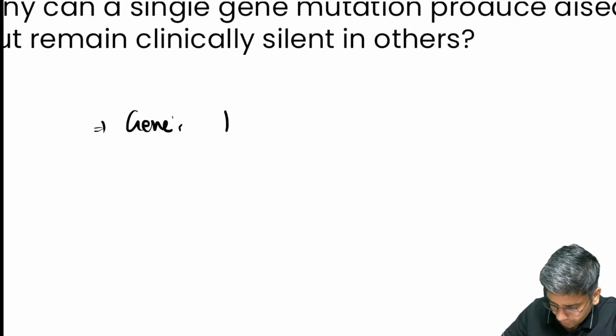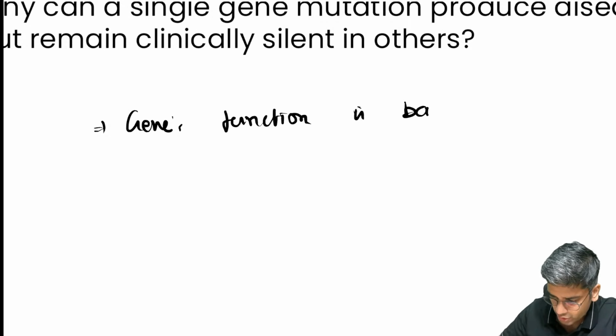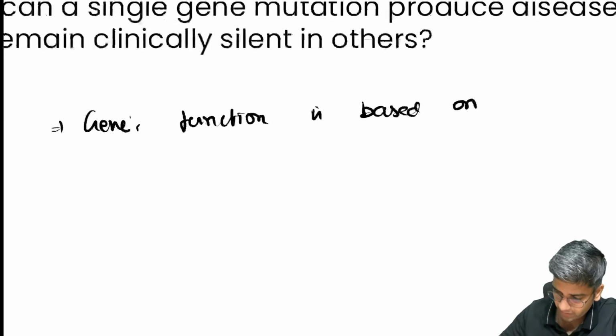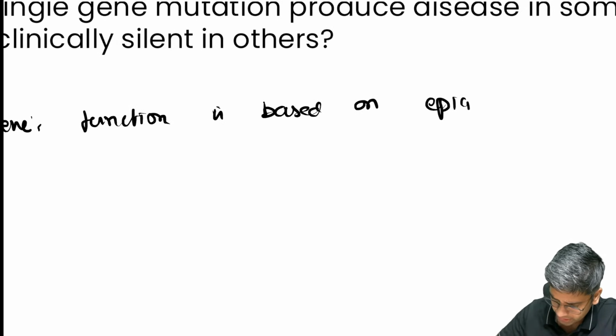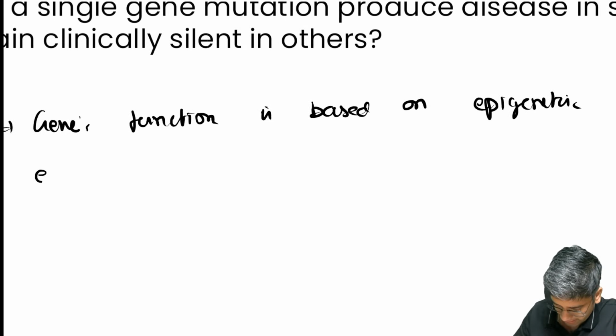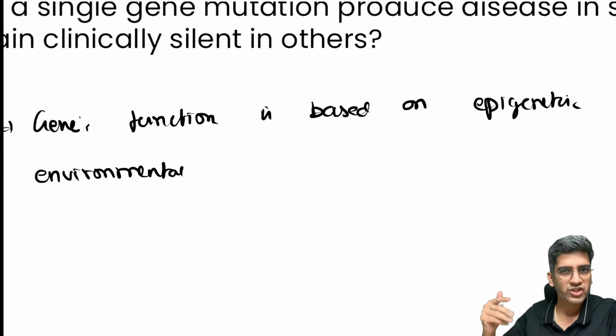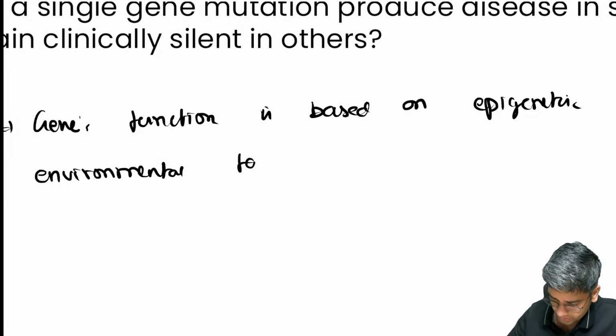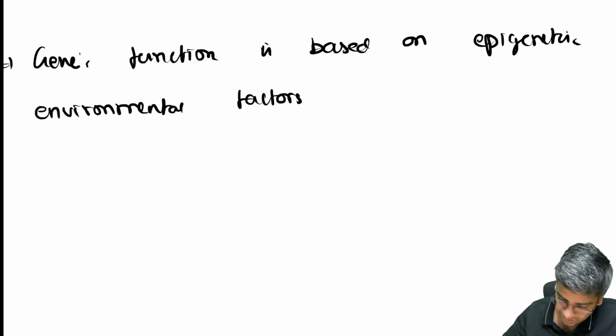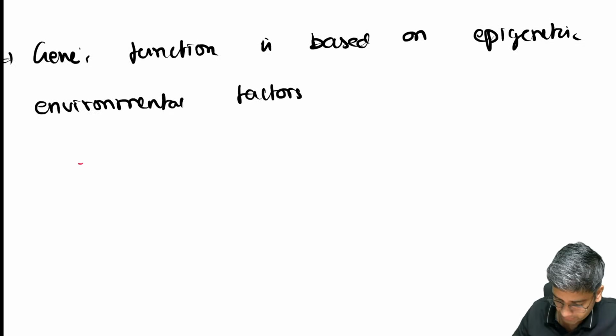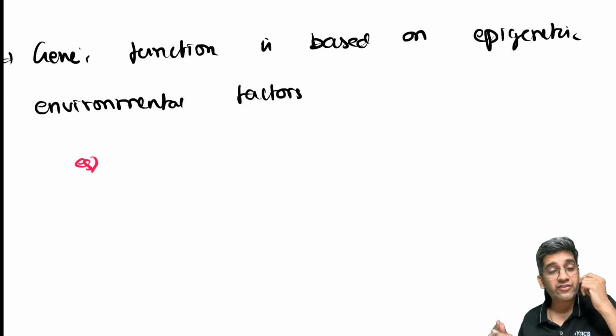genes' function is based on multiple factors, based on epigenetics, right? Environmental, and many more, but these two should be the most important ones, right? Epigenetic factors, environmental factors. It's not just the gene, right? For example, you must have definitely read this.